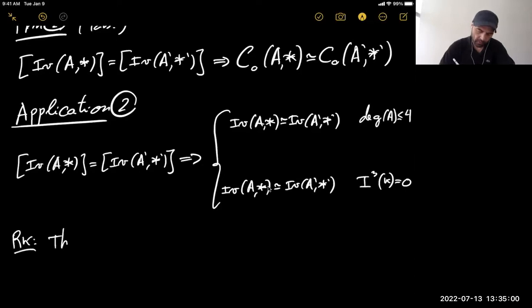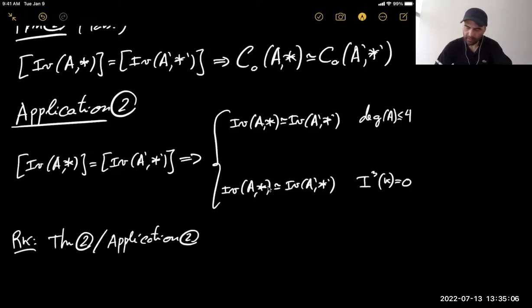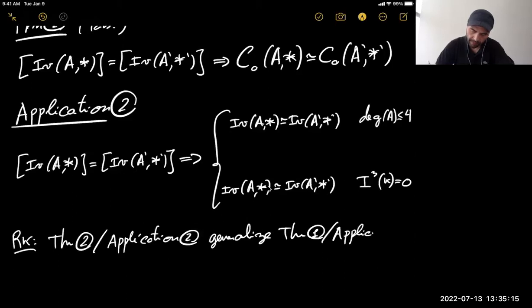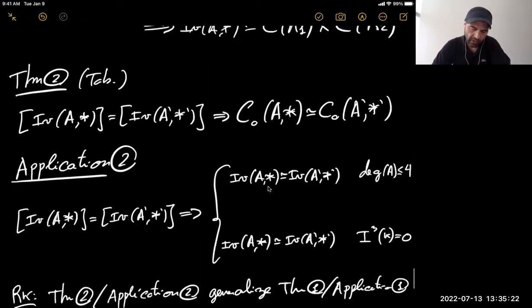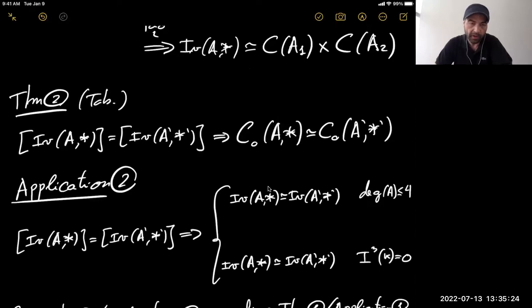So this theorem 2 and this application 2 greatly generalize our previous theorem 1 and our previous application 1. So theorem 1 and application 1 correspond precisely to the cases where A and A prime are split. So this is some kind of twisted form of theorem 1 and application 1.